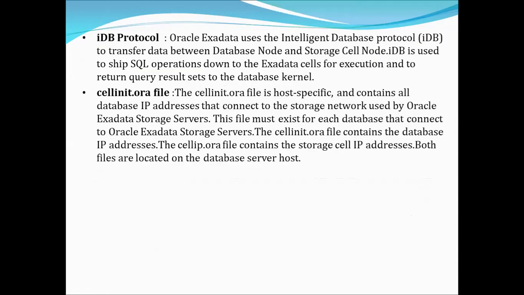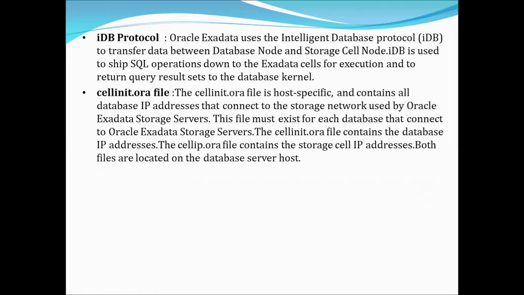There is a new protocol in the Exadata machine called the iDB protocol. Oracle Exadata uses the intelligent database protocol to transfer data between the database node and the storage node. iDB is used to ship SQL operations down to the Exadata machine for execution or to return query results to the database kernel.